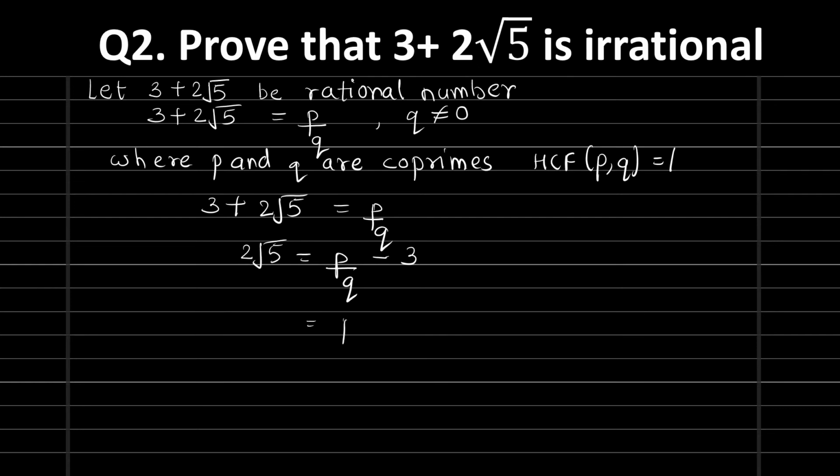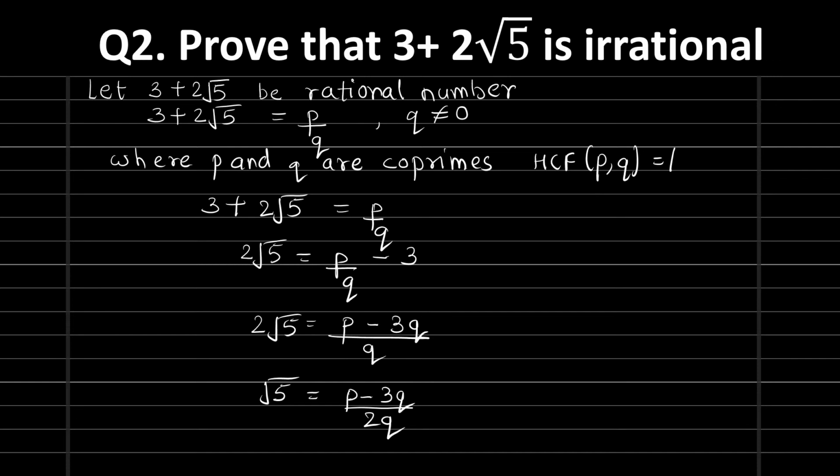We can write it down as p minus 3q upon q is equal to 2 root 5. Now again 2 is in multiplication over here, so we can take it towards the right hand side. It will get divided. And hence we can write down root 5 equals p minus 3q upon 2q.